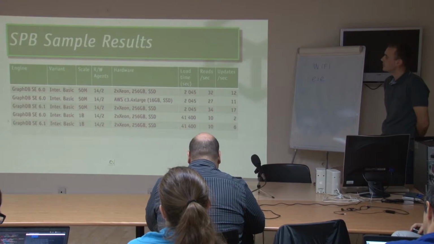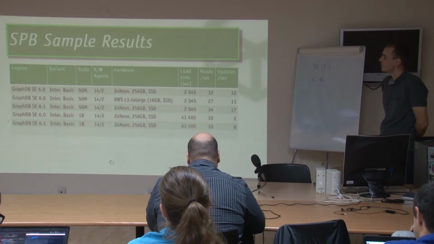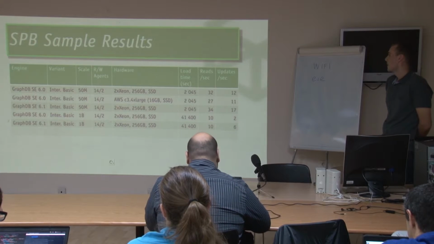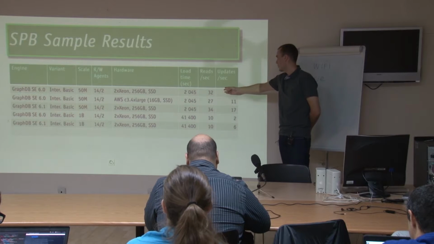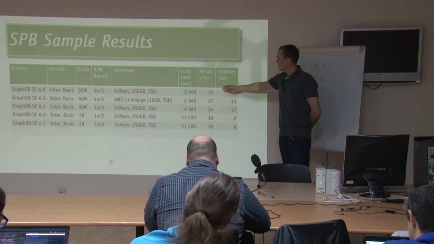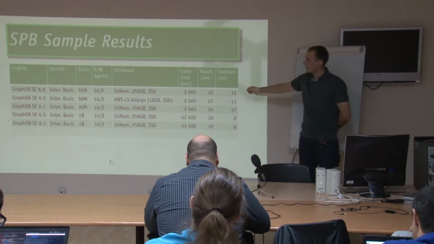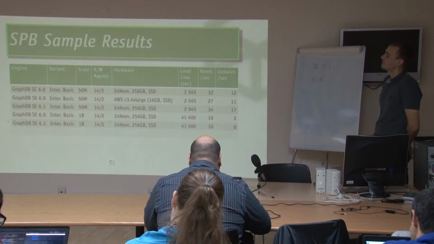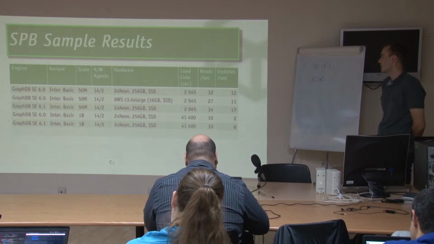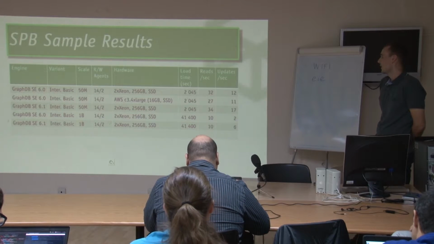The results are measured with the basic query mix. As you can see, in the initial results we have 32 reads per second and 12 updates. And with the next version of GraphDB, we have increased both numbers.